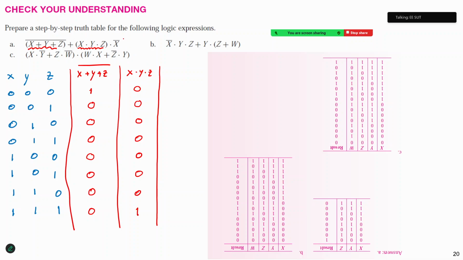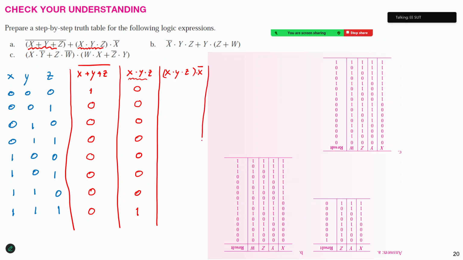And we add this value into the inverse of x. So this is x, y, c, then we add it with the inverse of x.